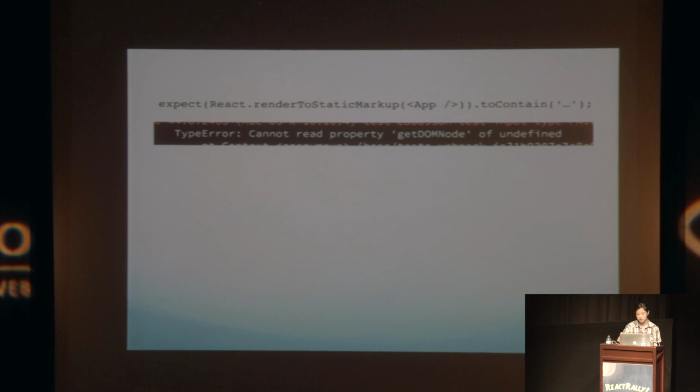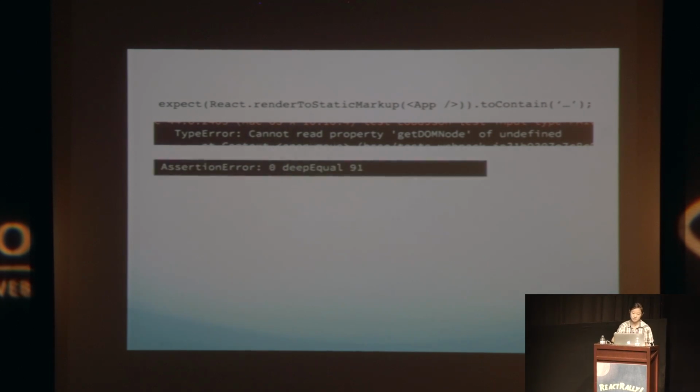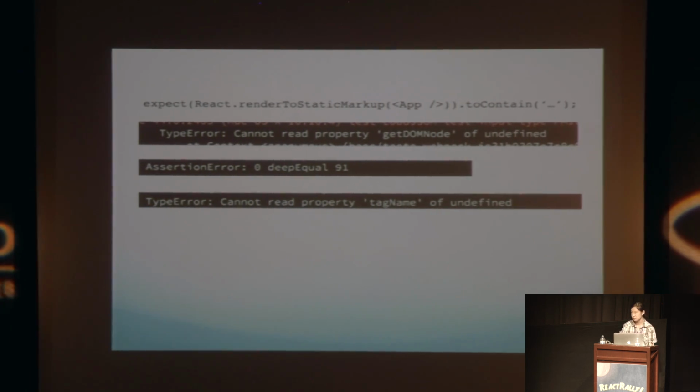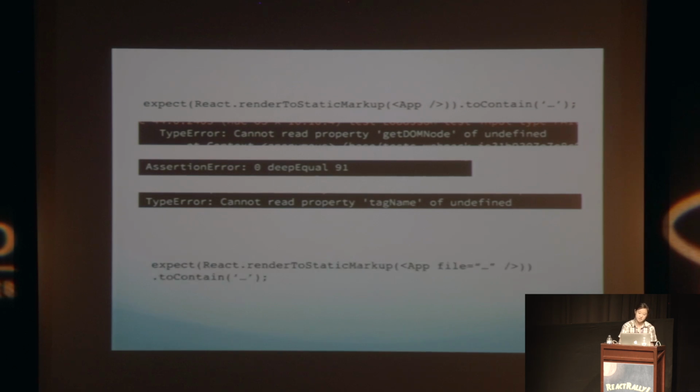Something like cannot read property getDOMNode, or if you have a test that's testing the length of the data, you may get this, or cannot read property tagName of undefined. You're like, okay, something's really wrong. And now you have to scroll back and see which test actually caused the error. But it turns out that you simply forgot to pass in the props that the component actually needs.